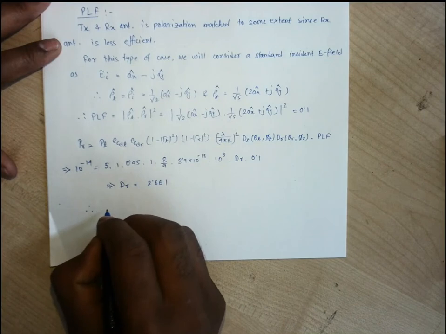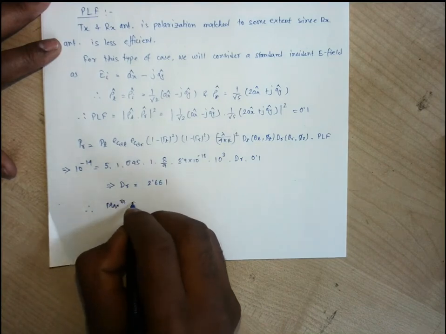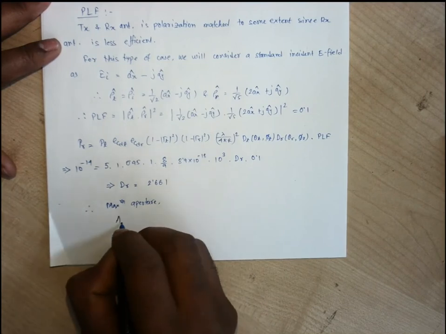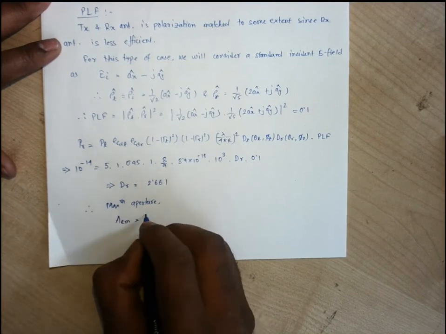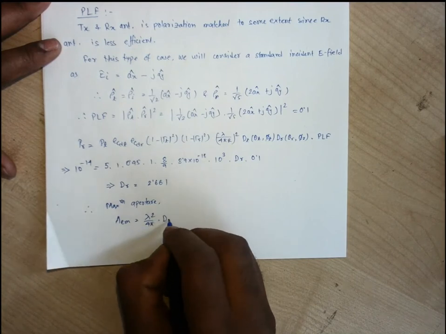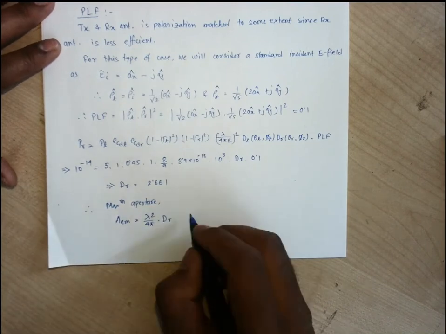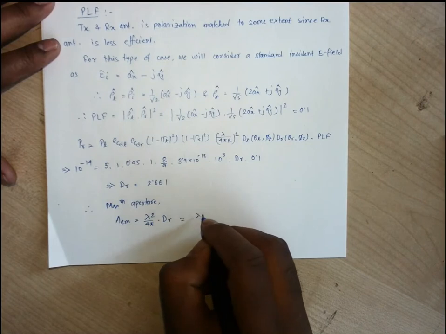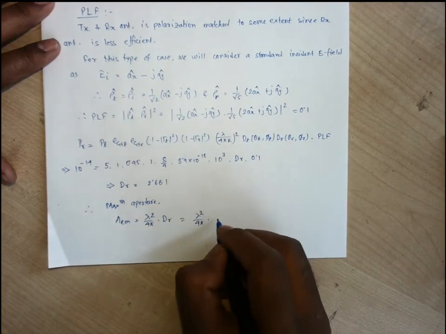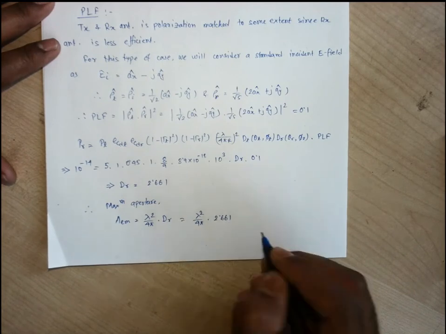Therefore, maximum aperture AEM is lambda square by 4 pi into dr, that is lambda square by 4 pi into 2.661.